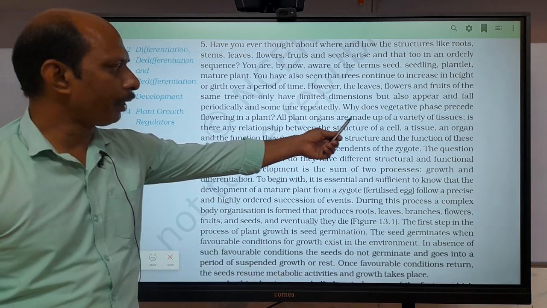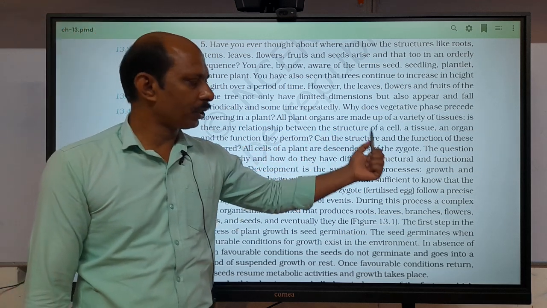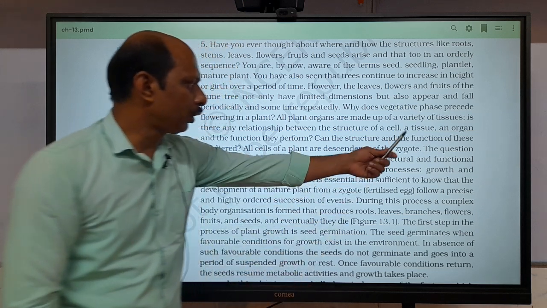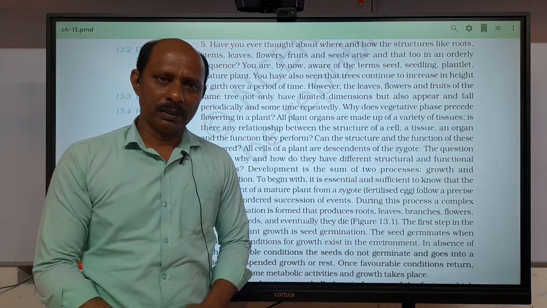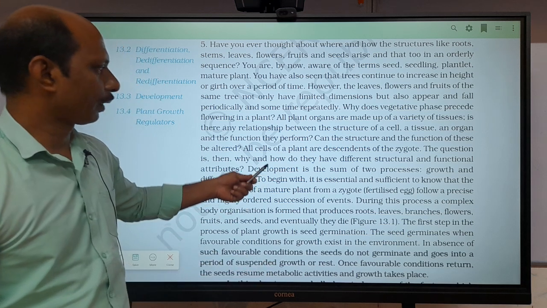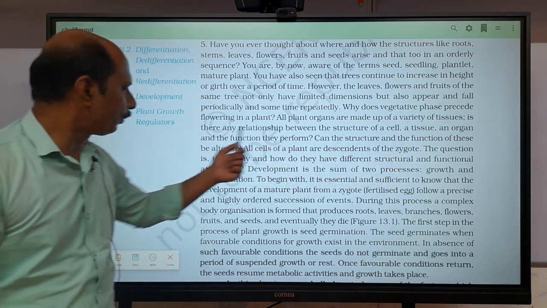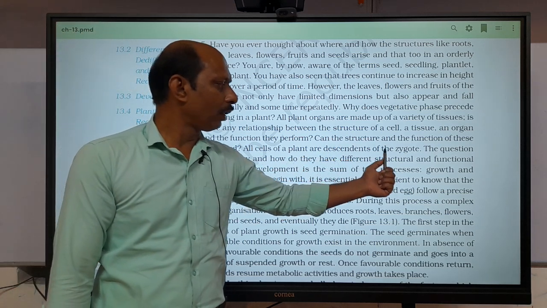All plant organs are made up of varieties of tissue. Is there any relationship between the structure of a cell, tissue, an organ and the function they perform? Yes, they have interrelationships, right? Can the structure and functions of these be altered? All cells of a plant are descendants of the zygote.